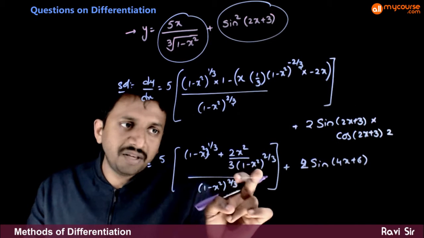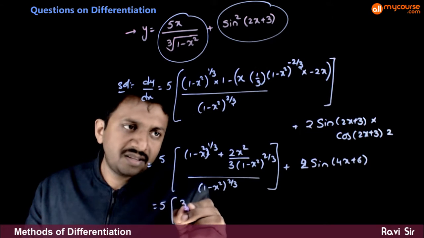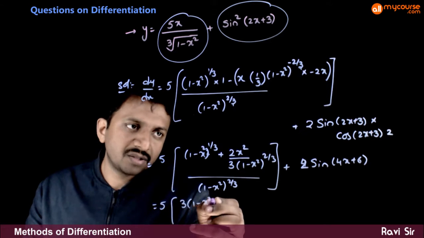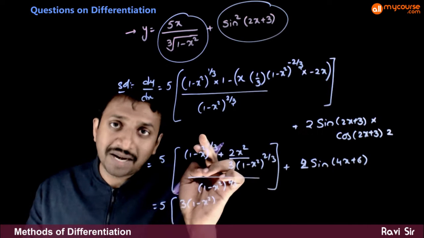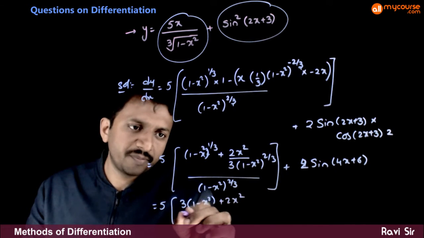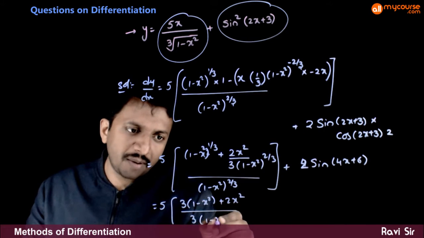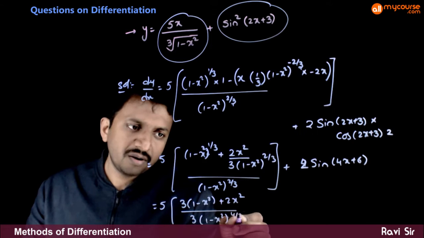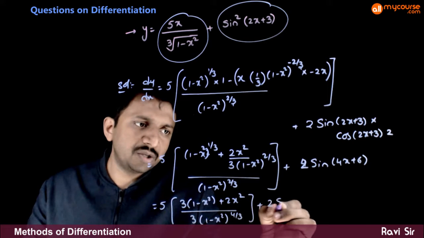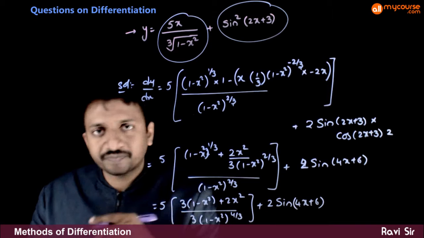And you can take the LCM here. So you have 5 times 3 times 1 minus x square. These two get multiplied to get 1 minus x square plus 2x square by 3 times, if you multiply these two, we get 1 minus x square whole power 4 by 3 plus 2 sine 4x plus 6.